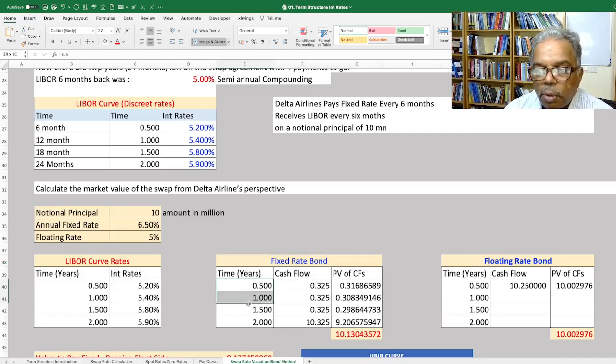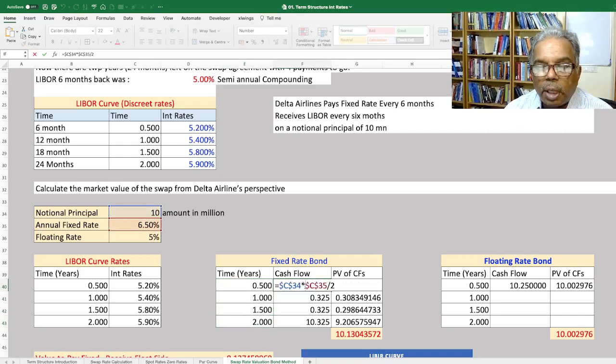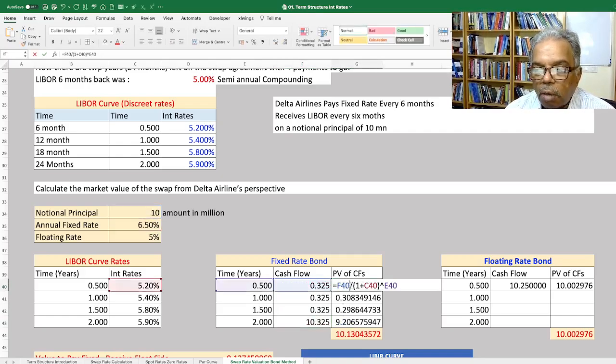We have 6 months, 1 year, 1.5 years, and 2 years, and the cash flows are 10 million into 6.5% divided by 2, and in the last payment the principal is added. We discount these cash flows with the given spot rates, the LIBOR rates, that is, cash flow divided by 1 plus the rate to the power of the period.